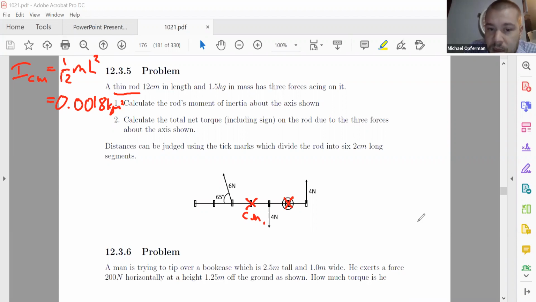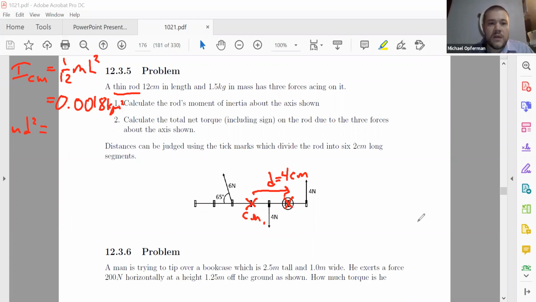Remember that D goes from the center of mass to the new axis of rotation. So it's 2 segments of the rod. It's a 12 centimeter rod, and there are 6 segments. So each one of these segments is 2 centimeters, which means D equals 4 centimeters. So now we have an MD squared term to add to this.